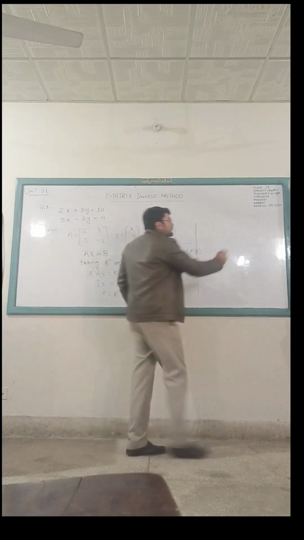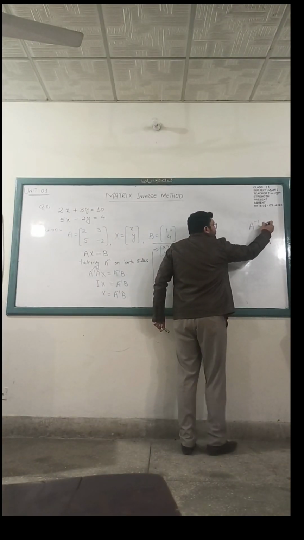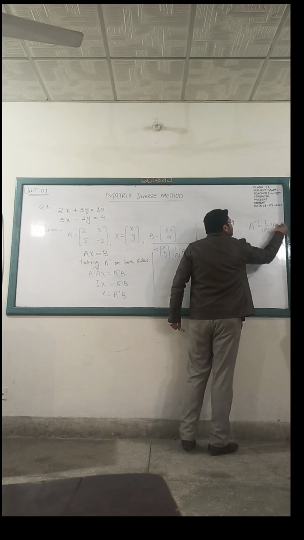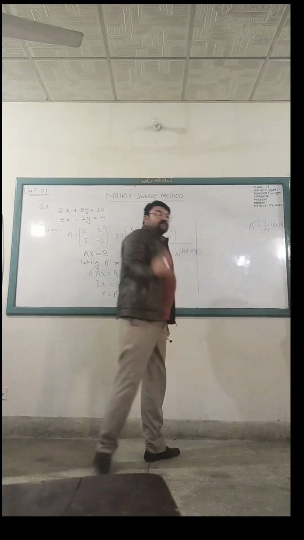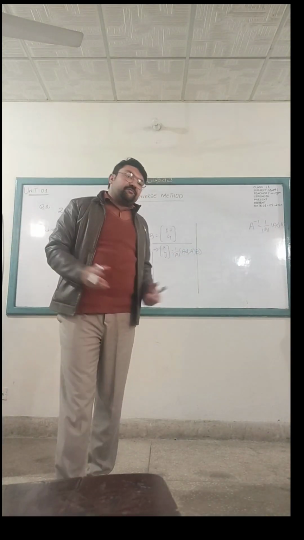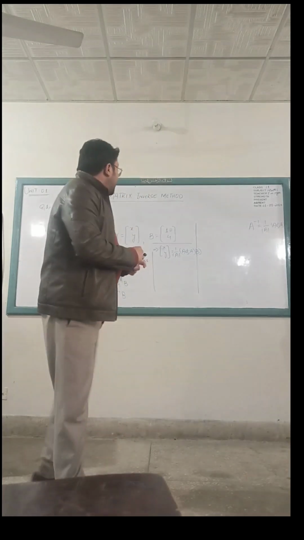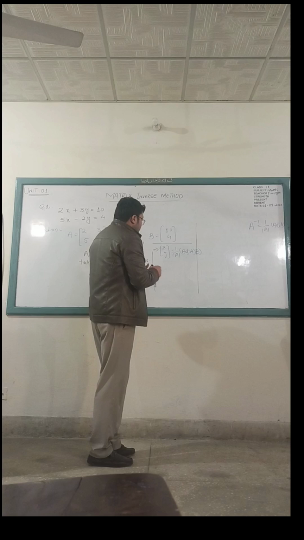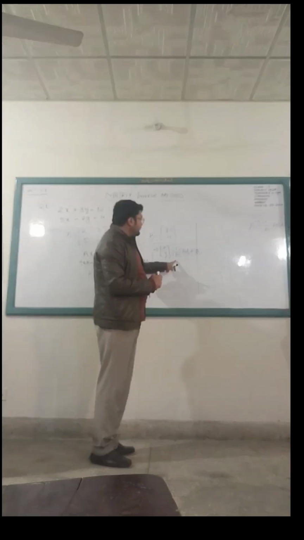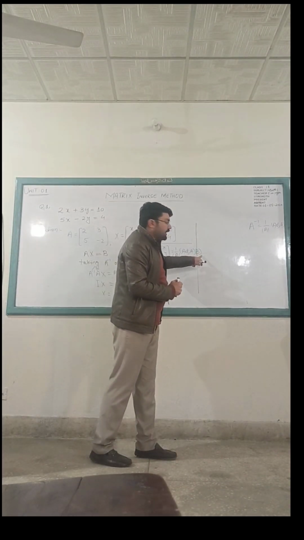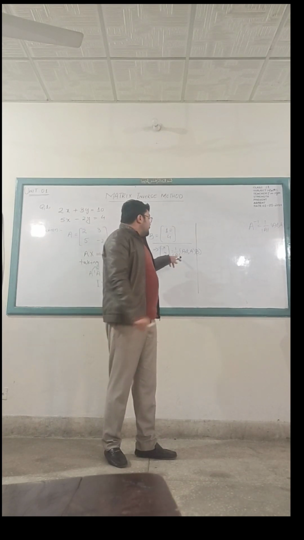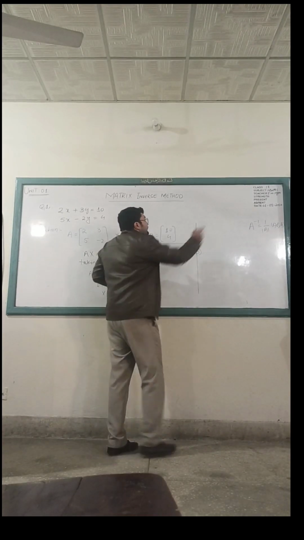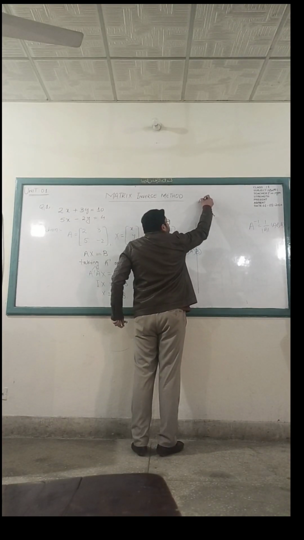A inverse, we know that A inverse is equal to 1 by determinant of A, adjoint of A. I asked you before that you will just answer me about what is the determinant of A and what is the adjoint of A. Okay. Now we will have 1 by determinant of A, this is adjoint of A and B, but I will check the time. Okay, 1 by determinant of A, adjoint of A into B. We will find out here the determinant of A.